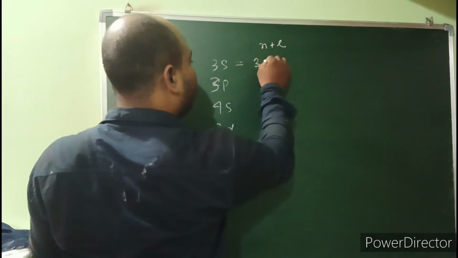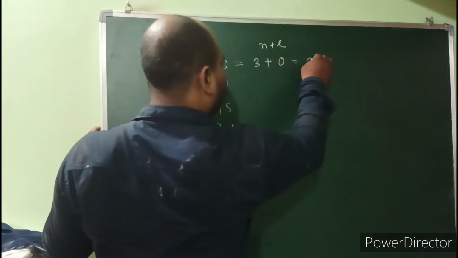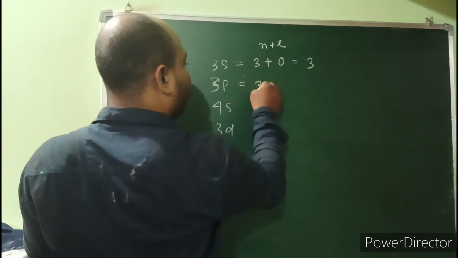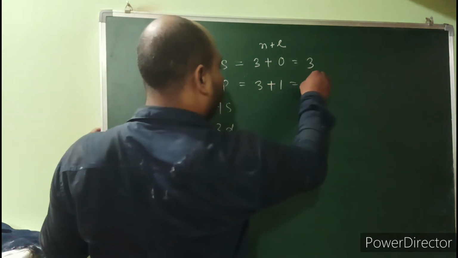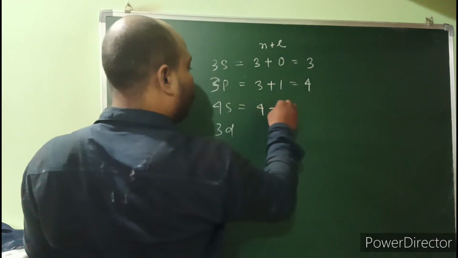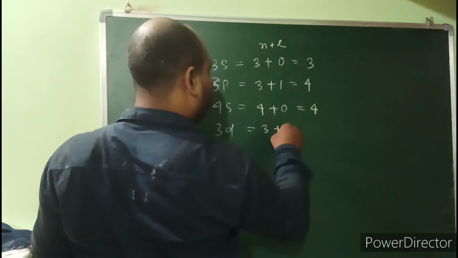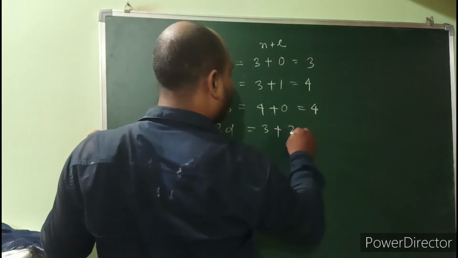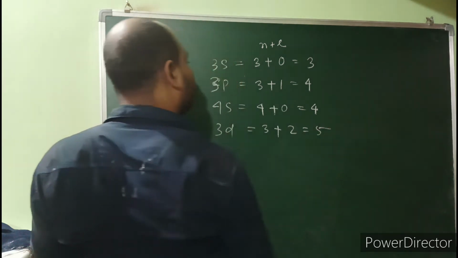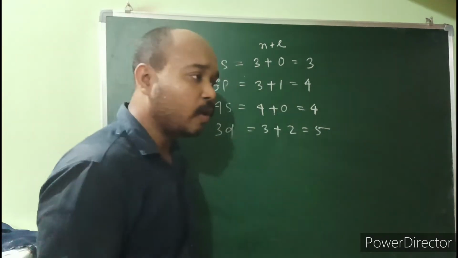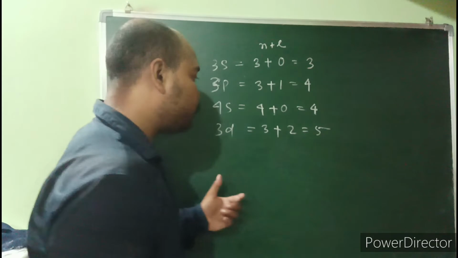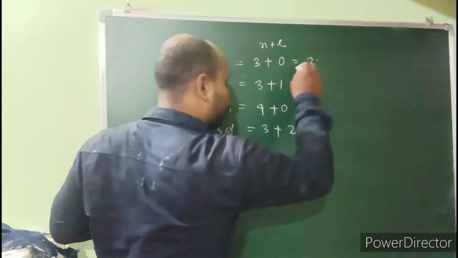Now, n plus l value. n is 3 here, l will be 0, so that is 3. For 3p, 3 plus 1, that is 4. For 4s, 4 plus 0 is 4. For 3d, 3 plus 2, that is 5.